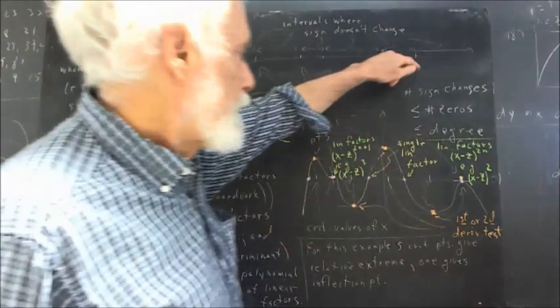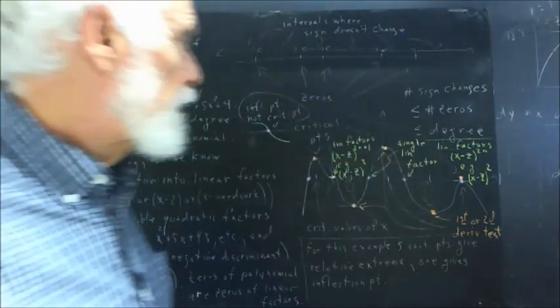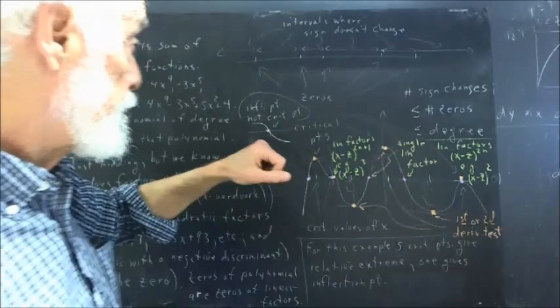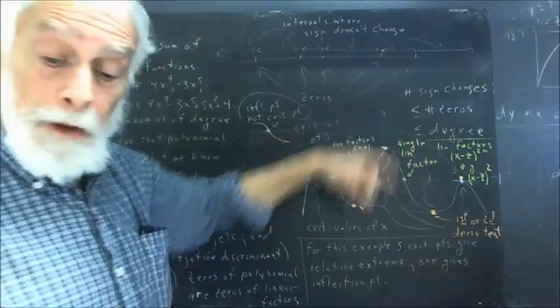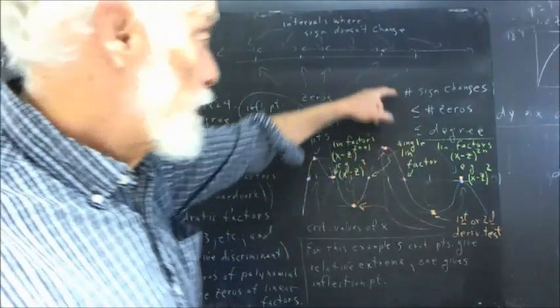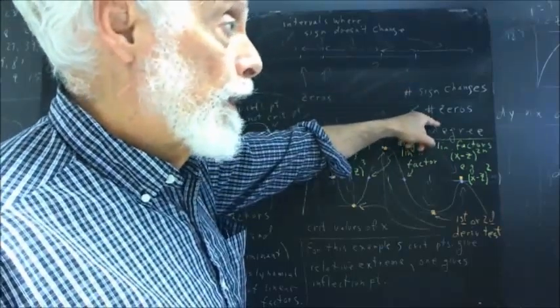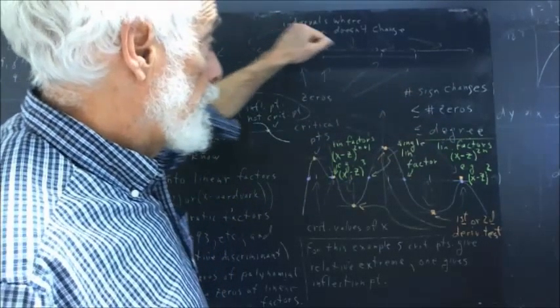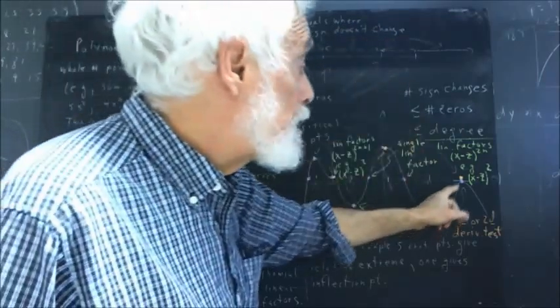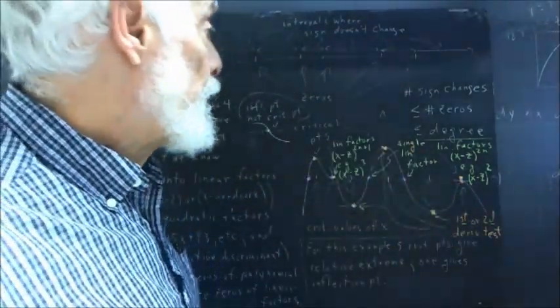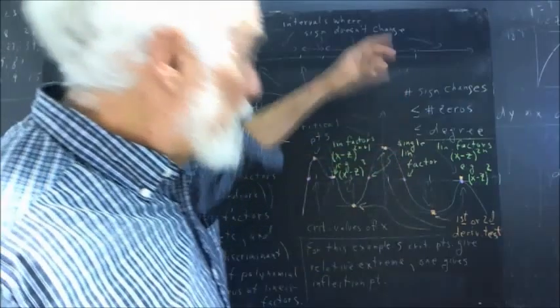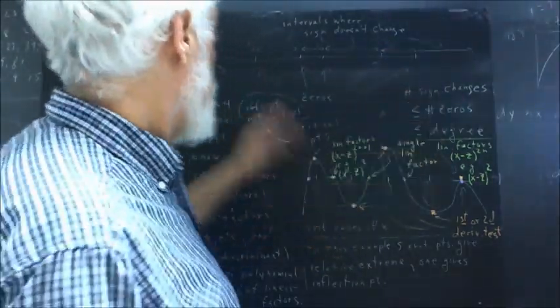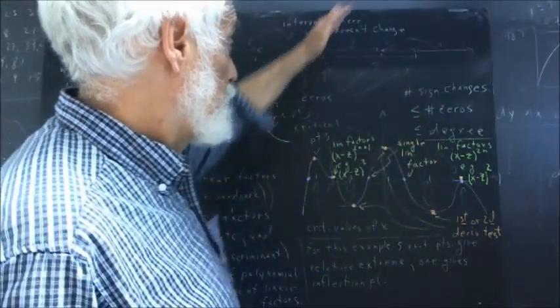I think I maybe neglected to discuss this part of the note on the board. And all we're saying here is that your number of sign changes can't be greater than your number of zeros. Remember that the sign can only change at a 0, but the sign doesn't necessarily change at a 0. So it's possible that you would have a sign change for every 0, like so.